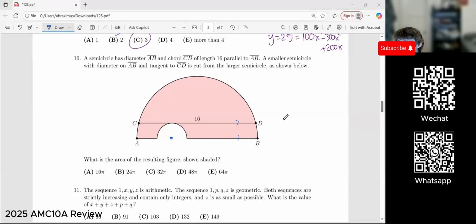One interesting thing is that the way that they wrote this problem, it doesn't really say what the diameter of the large and the small circle is, or where the small semicircle is relative to the large one. You can actually redraw this in any way that makes you happy, as long as you have a smaller semicircle tangent to a chord of length 16. And so there are solutions where you can redraw this in a way that makes it nice.